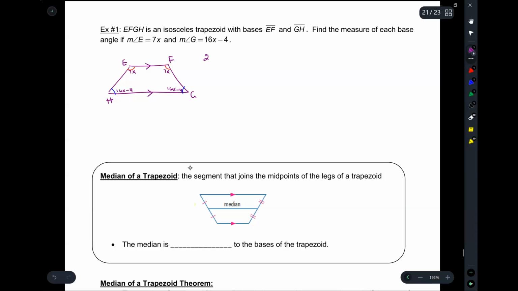One is you can say 2 times 7x plus 2 times 16x minus 4 is 360, because in a quadrilateral, all the angles add up to 360. But also, since you have 2 of everything, you can also say 7x plus 16x minus 4 is 180. Both are equally fine. So we get 23x is equal to 184, and x is equal to 8.